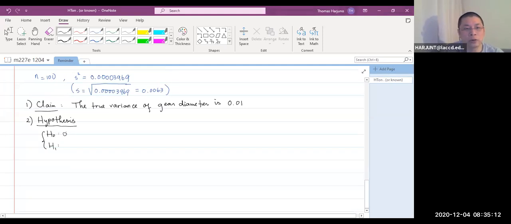So population variance is 0.01, and because it has an equal sign, it goes to the null hypothesis. That's the claim. Then the alternate hypothesis is sigma squared is not equal to 0.01, and we know that this is a two-tail test.